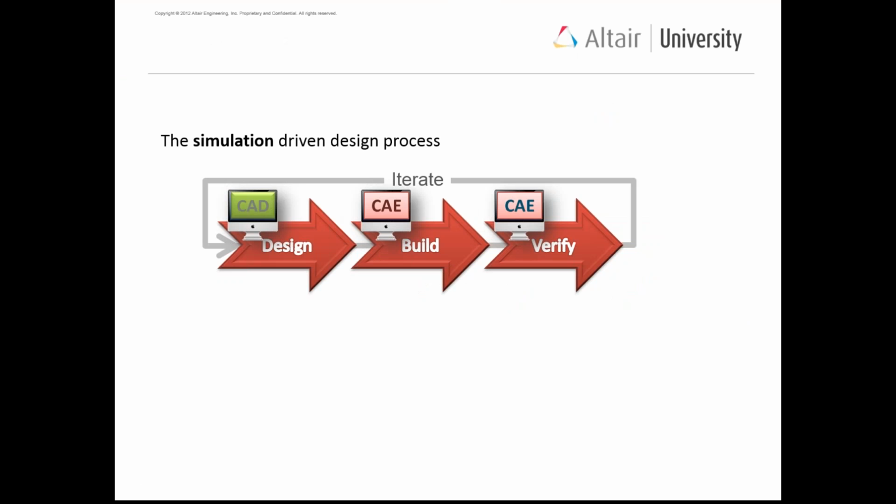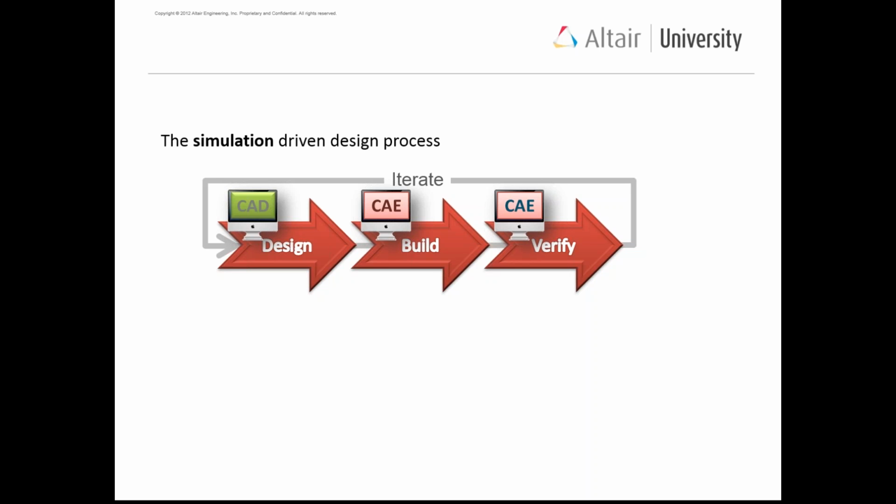So, I guess we'll start with the presentation for today, and I want to start with the traditional design process that we use when we're designing anything. You could call this the simulation-driven design process, where you start with your CAD design. It doesn't matter what you're designing.